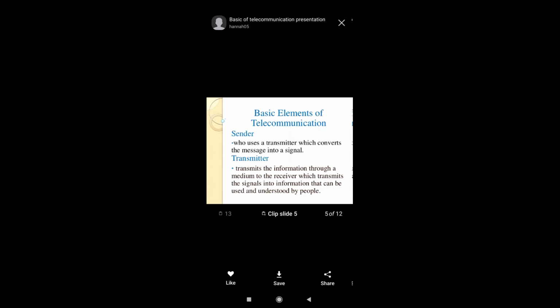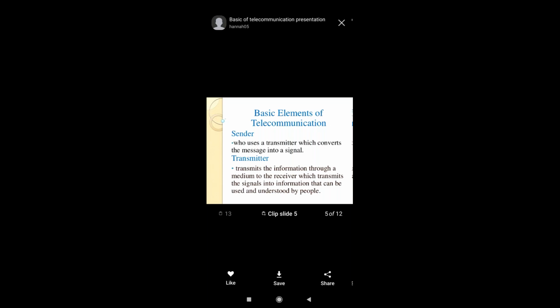The transmitter transmits the information through a medium to the receiver, which converts the signal into information that can be used and understood by the people. These are the basic elements of telecommunication.